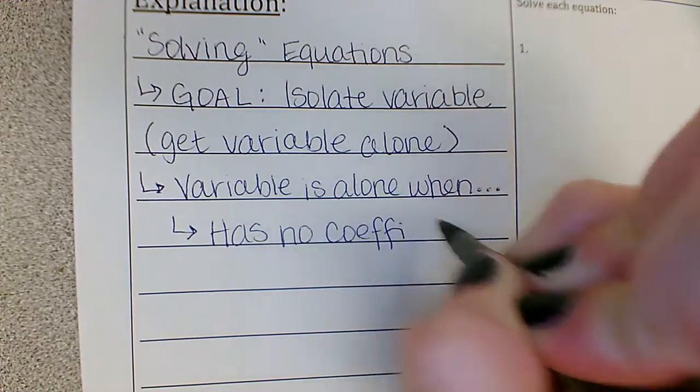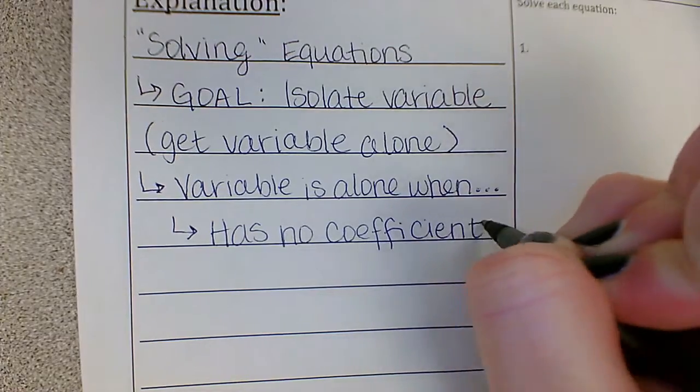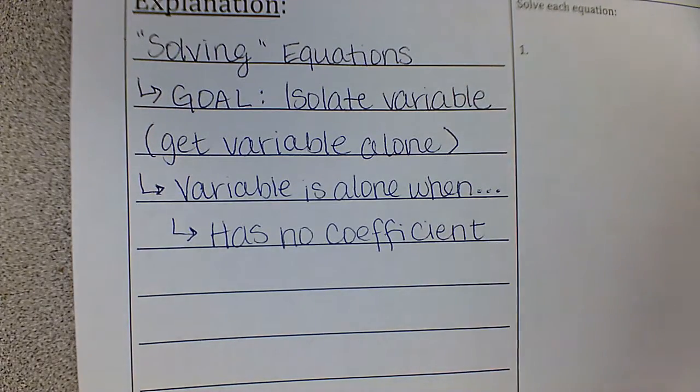Now, we know that x on its own does have a coefficient, and who can raise their hand and tell me what the coefficient of just x is? Bryce, tell us what the coefficient of just x is. Yes, it is 1. That's perfect. x is not equal to 1 all the time, but the coefficient is 1 if I just have x.